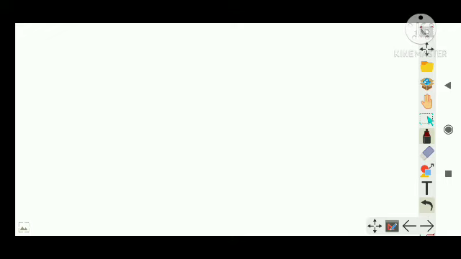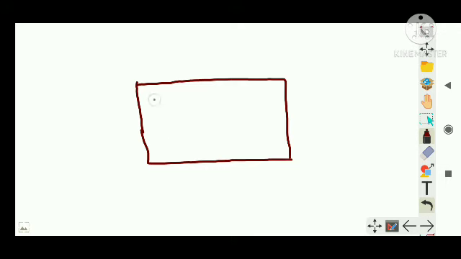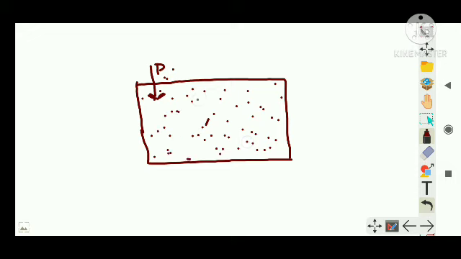See, this is simple if you understand the concept. If you have a box, let's say like this, with liquid which is incompressible, meaning it cannot be compressed, then when you apply a pressure P at this point, this P will be carried forward to every section.